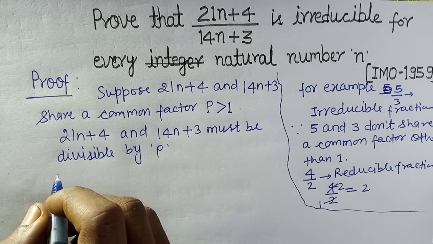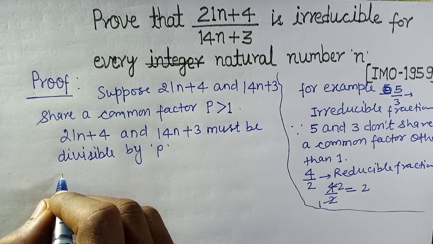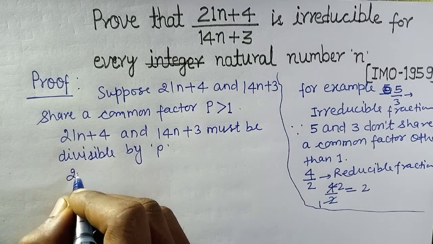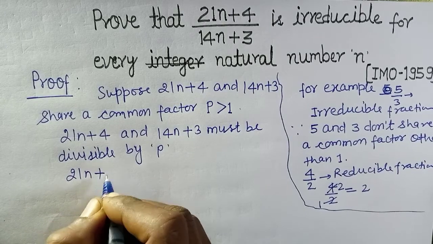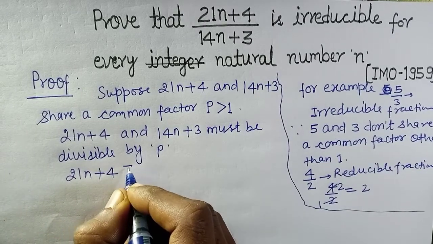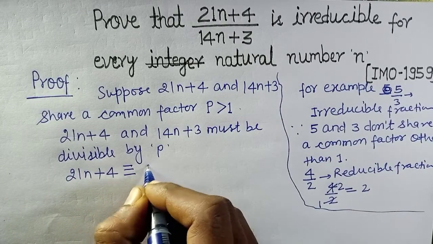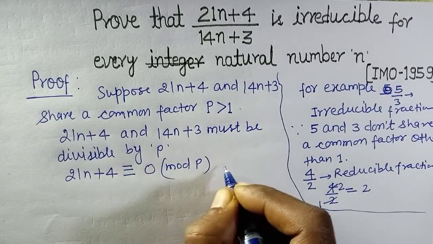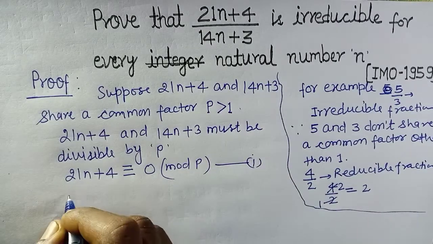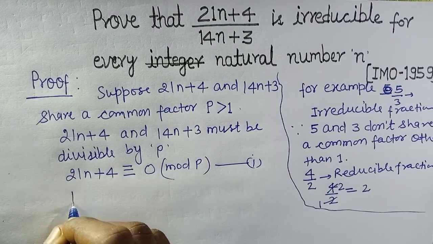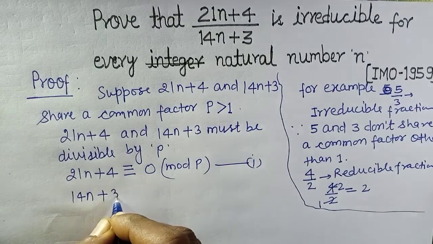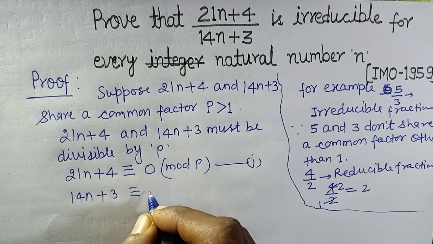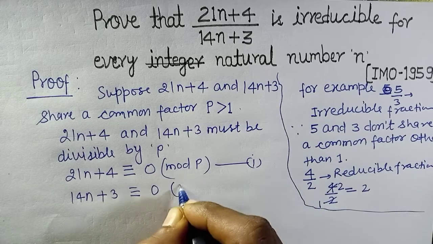So from here we can also say that 21n + 4 must be congruent to 0 mod p. Let's call it equation 1. And 14n + 3 must be congruent to 0 mod p.